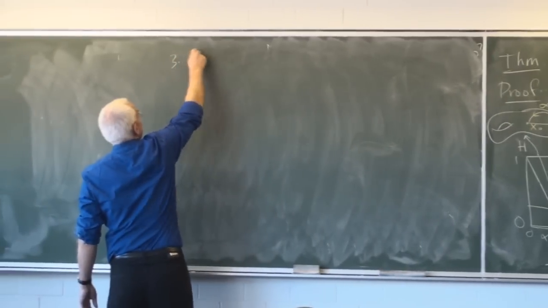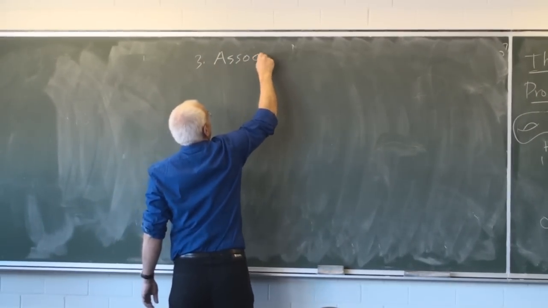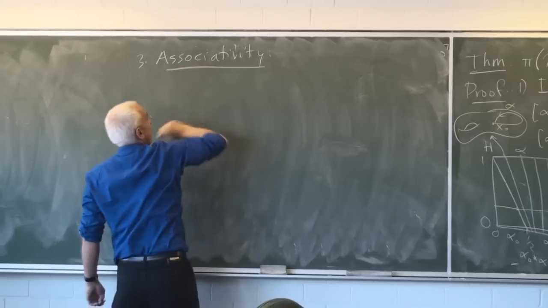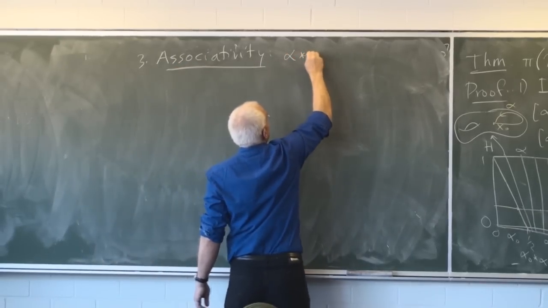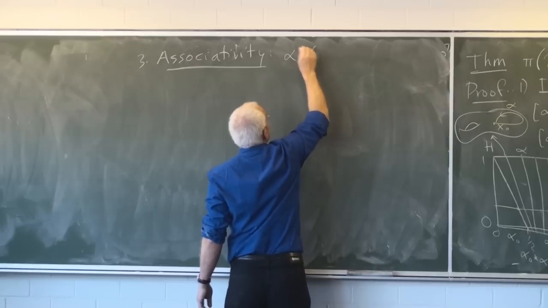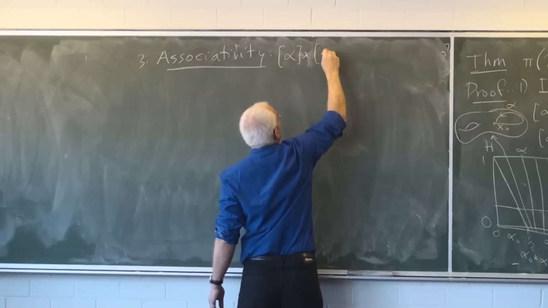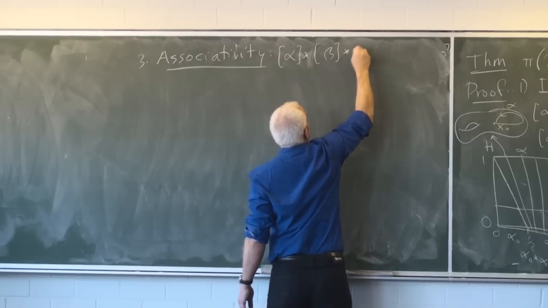And our third property is associativity. Which is that alpha times, well, we should do it at the level of things, that alpha times beta times gamma.